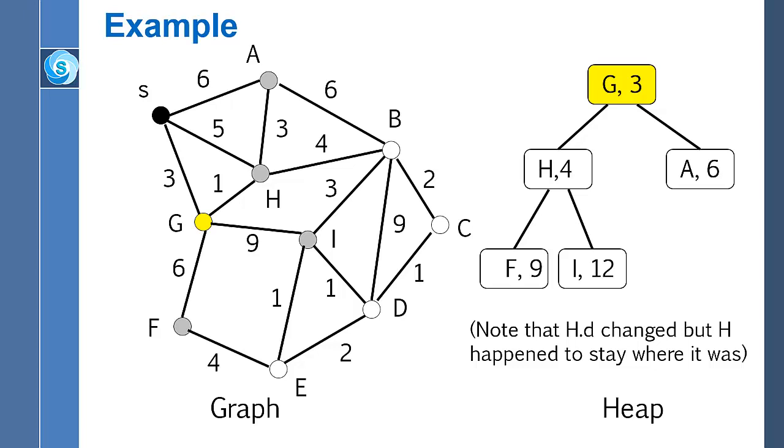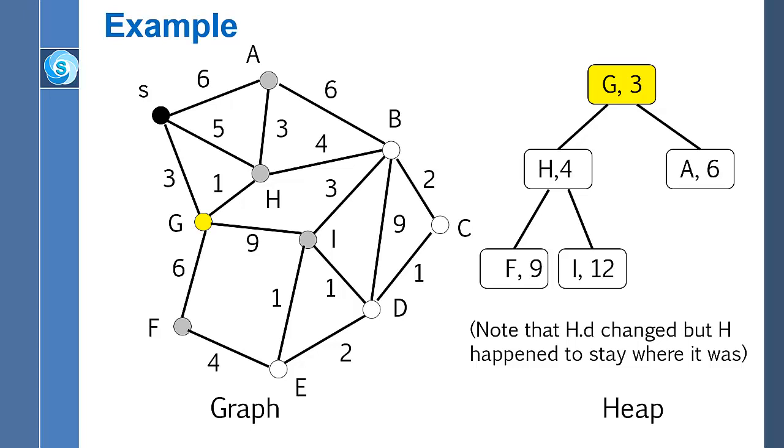All right, well now, of course, something interesting has just happened. 4 is less than 5. We have just found a shorter way to get from S to H. This might feel a little weird because it takes 2 steps to go from S to G to H, but the total length of that path from S to G to H is 4.